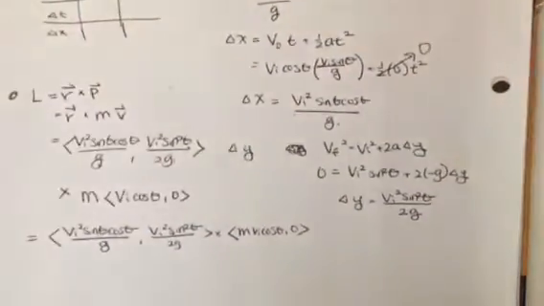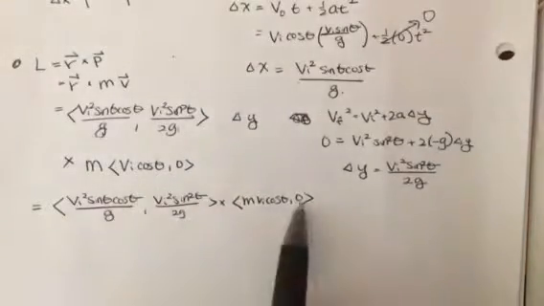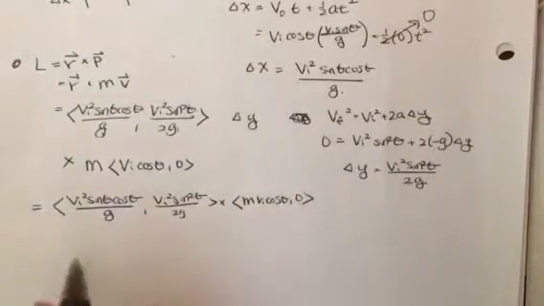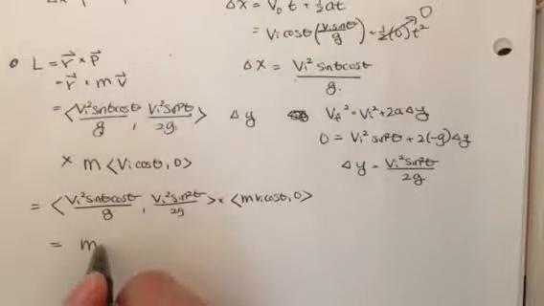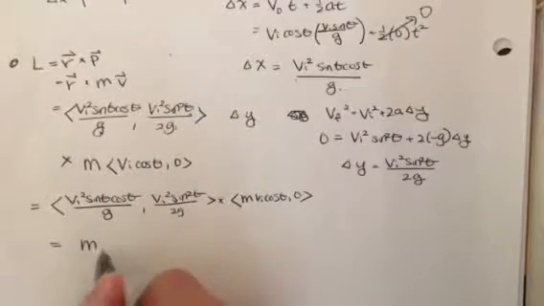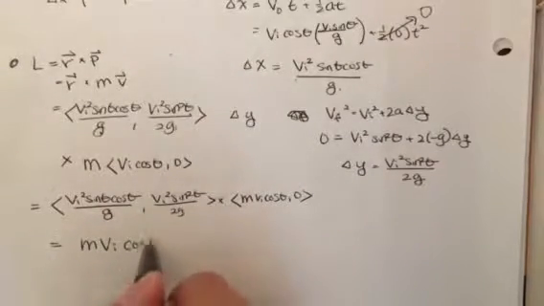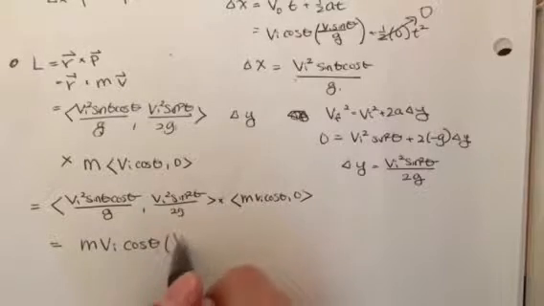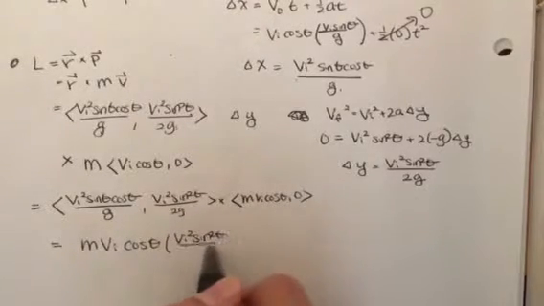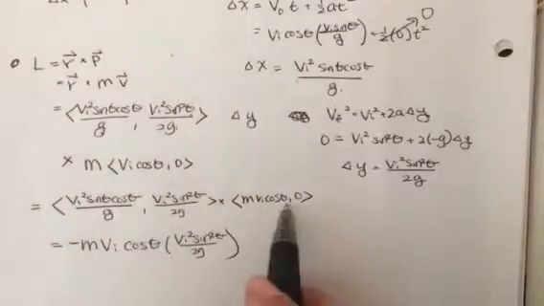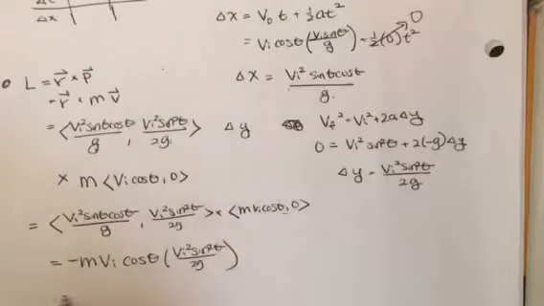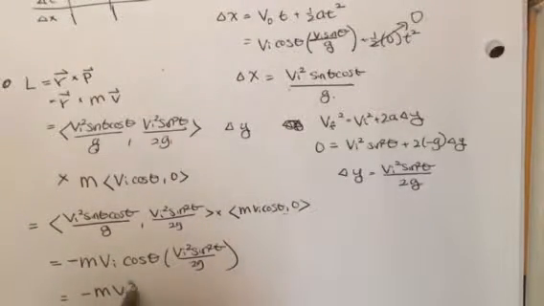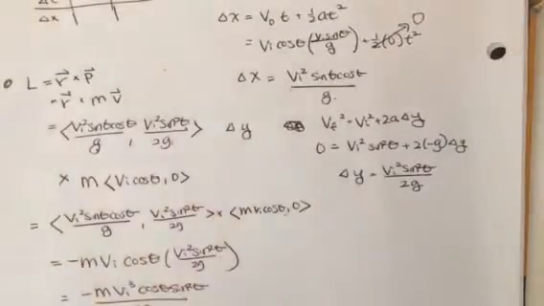Now, if you find the cross product, which would mean this times this minus this times this, you end up with m vi cosine theta times vi squared sine squared theta over 2g, and this would all be negative because it's this minus this. And that is your answer to B. If you simplify it further, this is what you get.